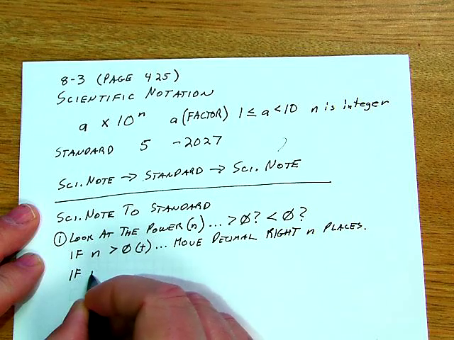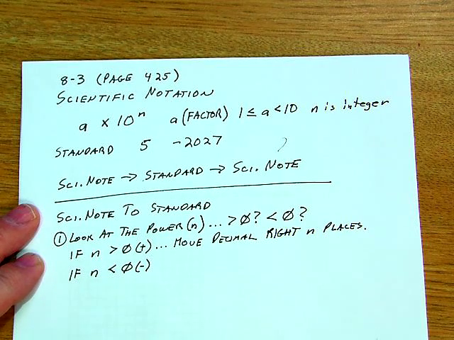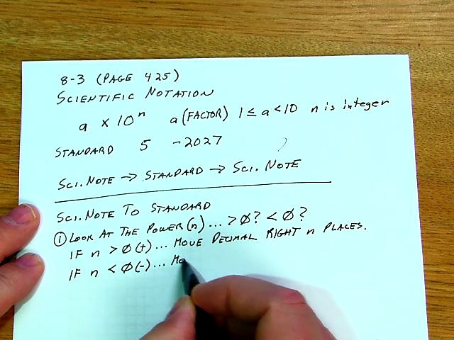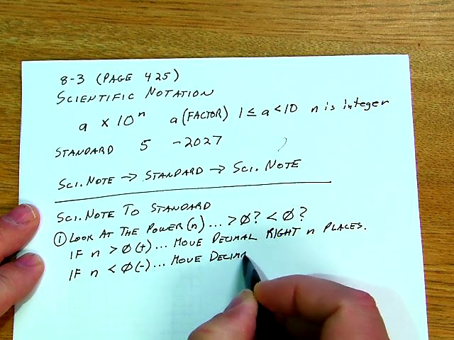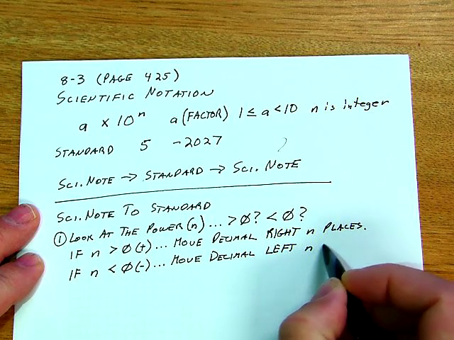If your n value is less than 0, in other words, it's a negative power, then move the decimal left n places.